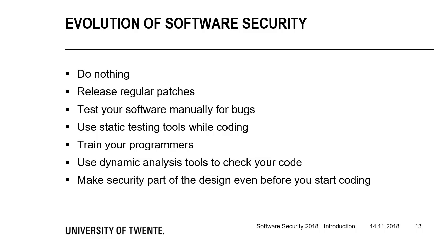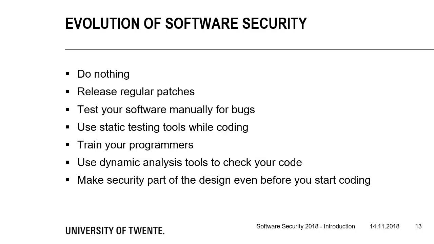Another thing you can do is test your software manually for security relevant weaknesses and bugs. Even better is when you have automated testing. For example, you have static analysis while you're writing software, and while you're developing that software, it's automatically tested by some kind of static analysis tool.